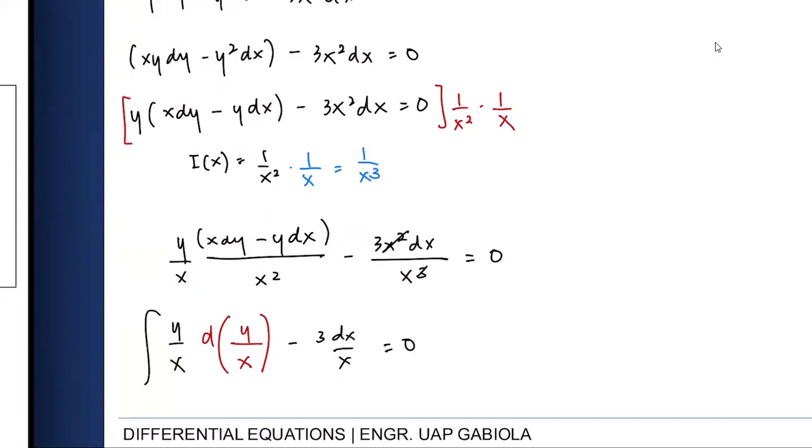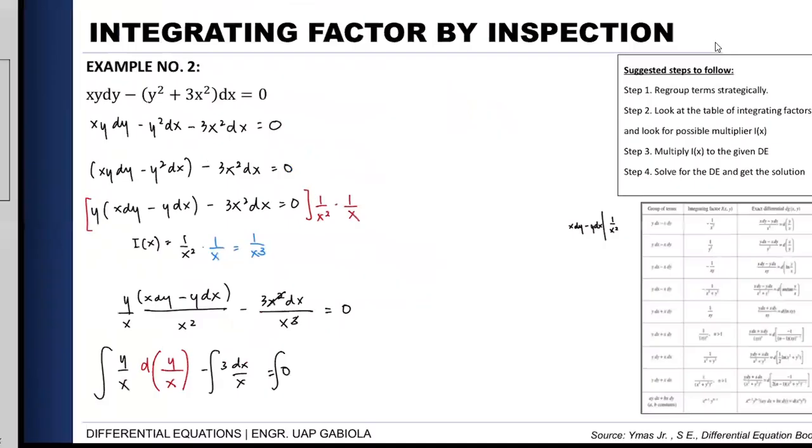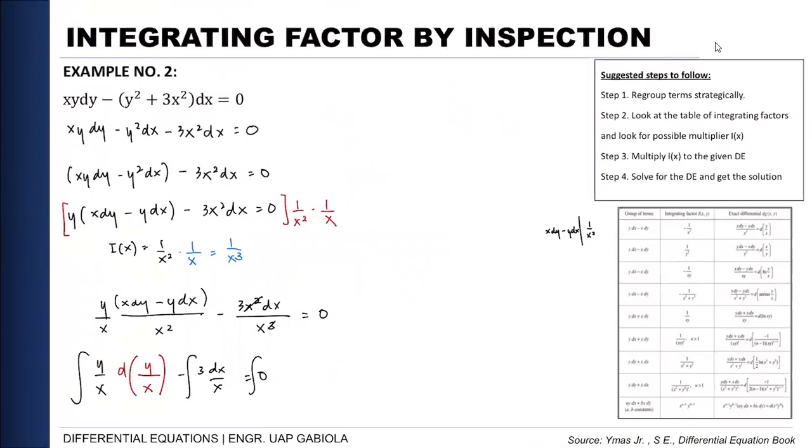Now you can integrate your function. Okay? So continuing it here. So y over x. So again, this is the same case na lang ng u du. So you just need to use yung power formula. So we have y over x squared all over 2 minus 3 ln of x.